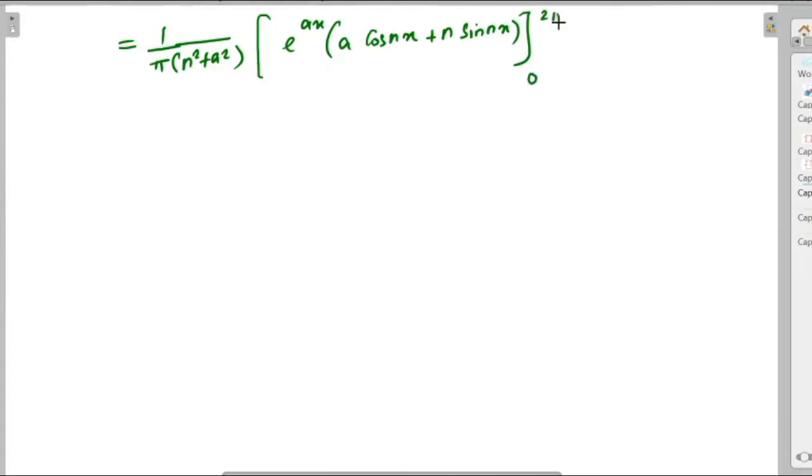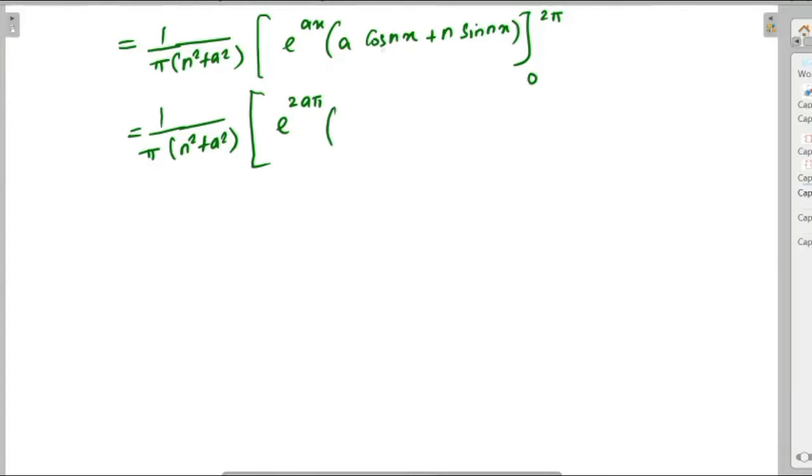0 to 2 pi. Now I am going to substitute x in upper limit, that means 2 pi, which is equal to e power 2a pi.